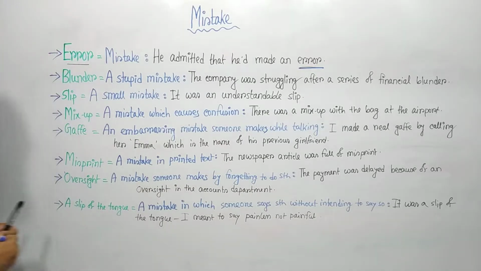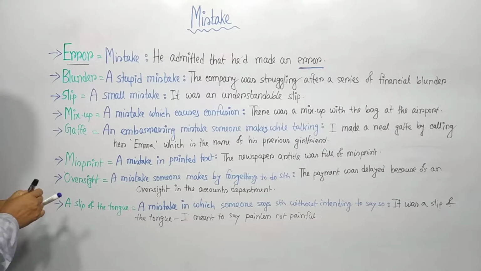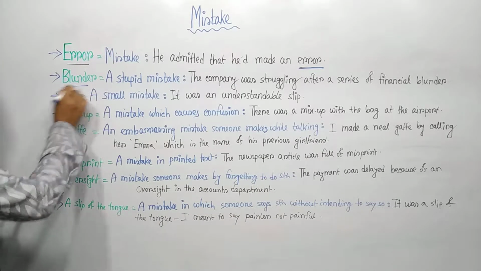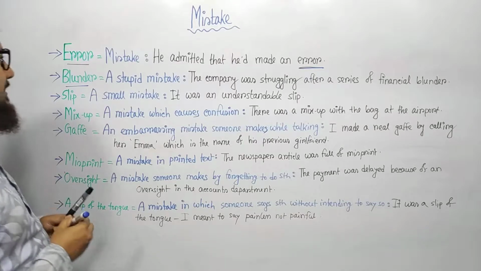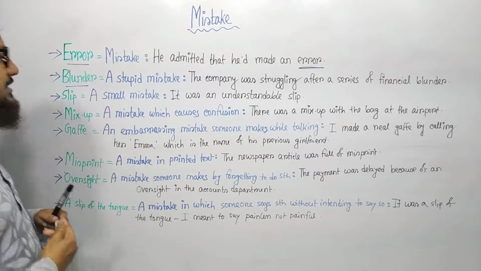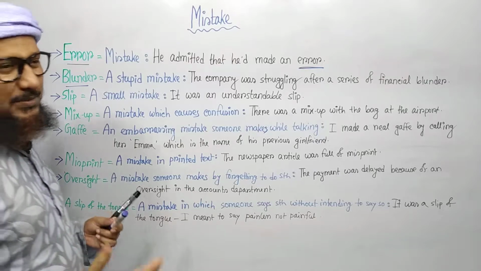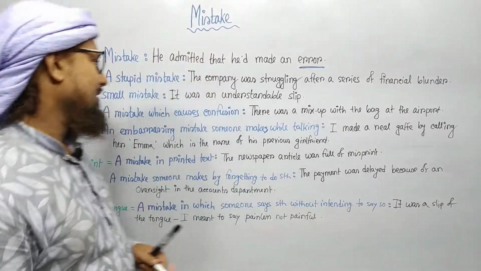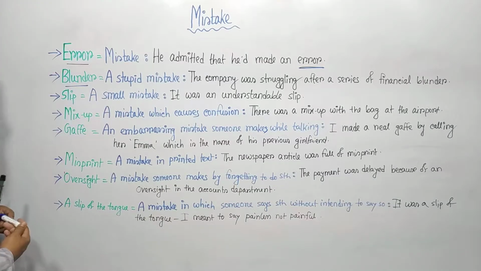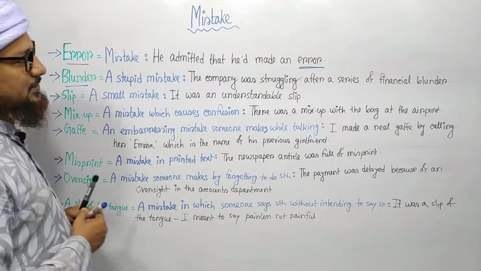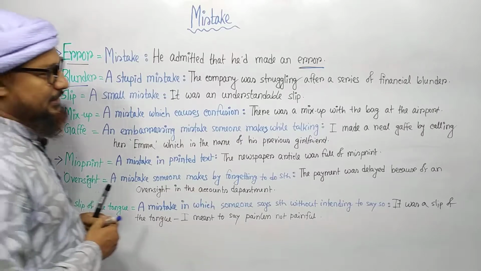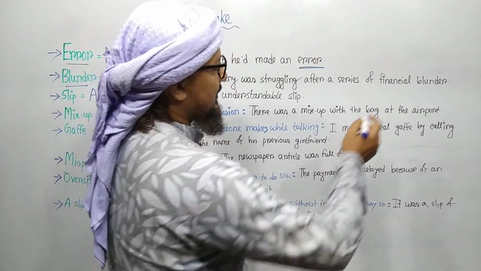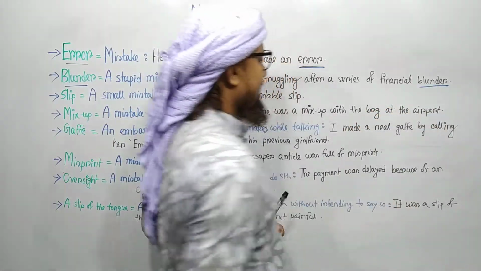Next, blunder. It's a nice one you can use as an alternative to the word mistake. It means a stupid mistake, a mistake that makes you look stupid. An example: the company was struggling after a series of financial blunders.